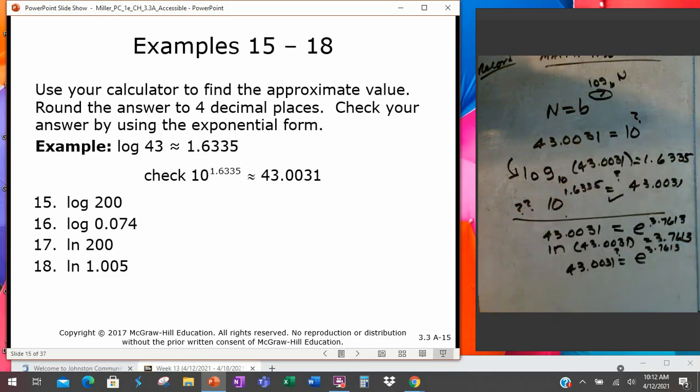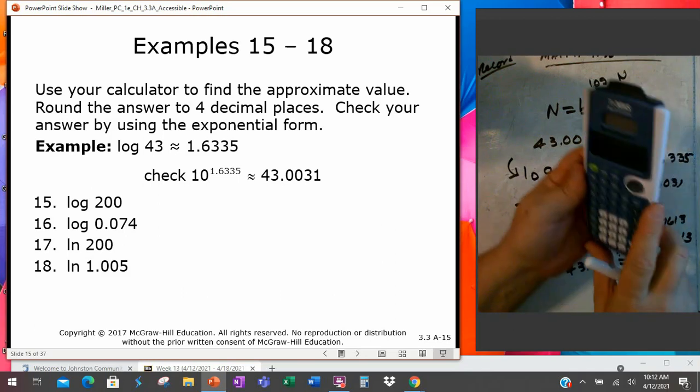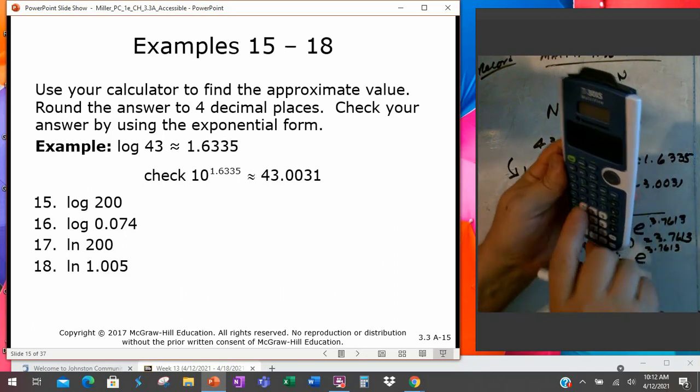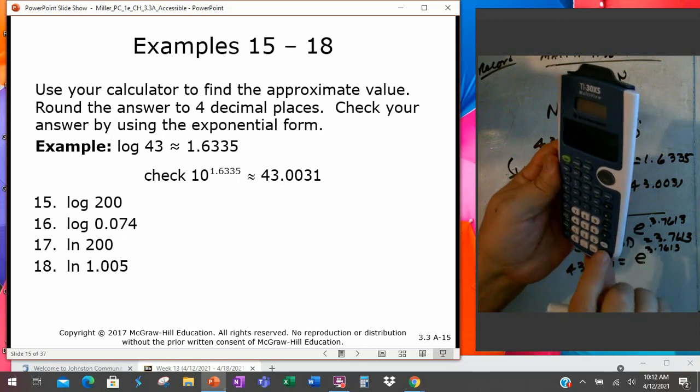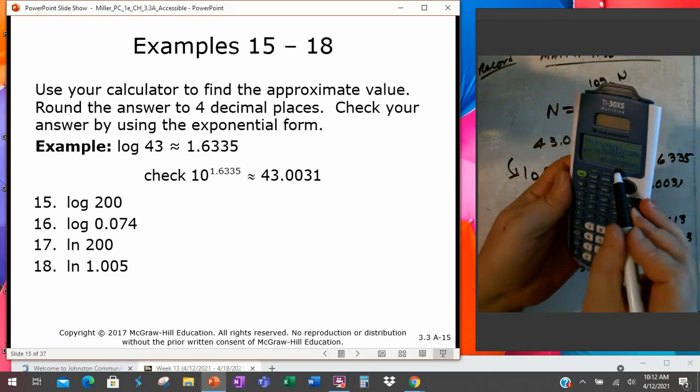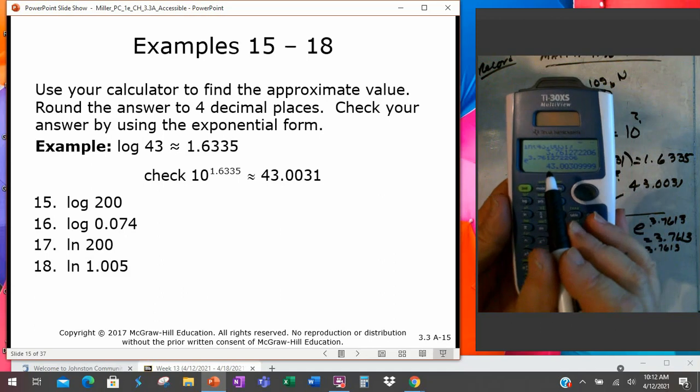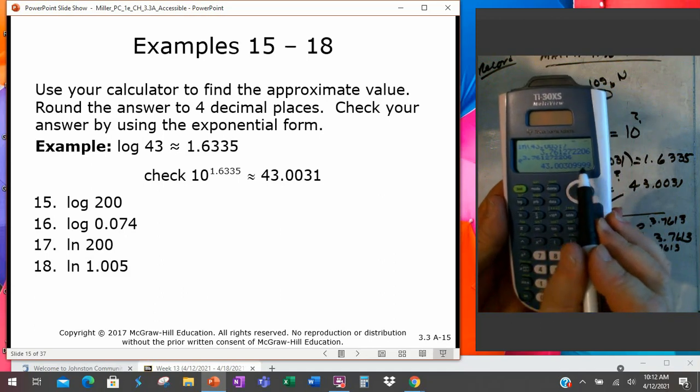No, I'm going to have to type in that number: second, e to the x, 3.7612722206. That gives 43.00309999.